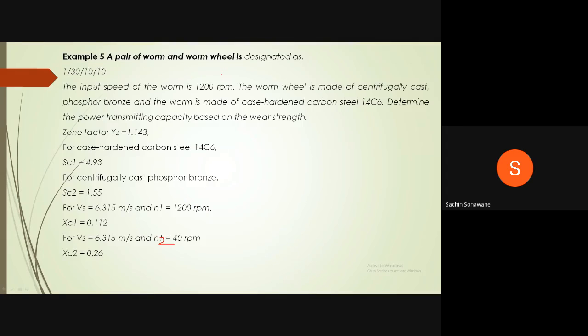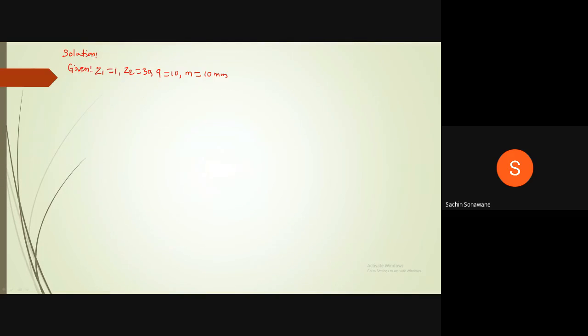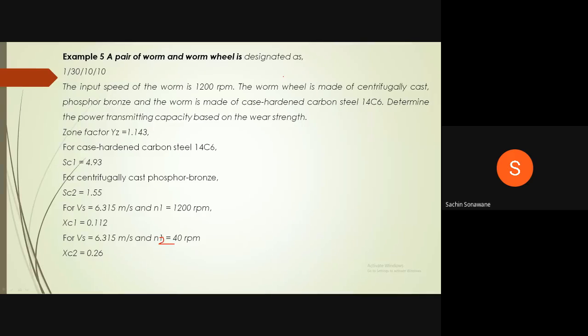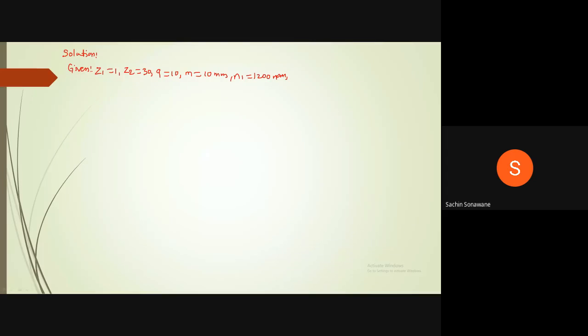Then what they are given? Input speed for the worm N1 they are given. N1 is equal to 1200 rpm. Then they have given zone factor YZ is equal to 1.143.